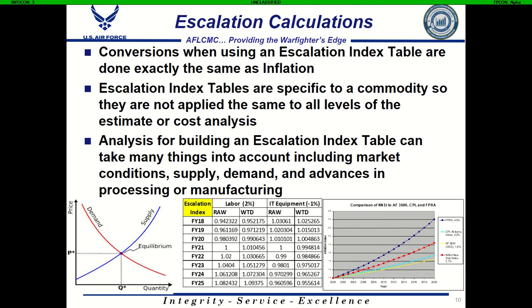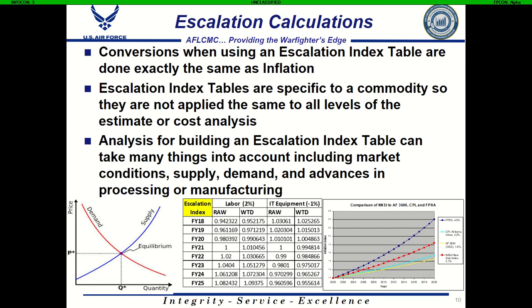So you'll see here at the bottom center, I've got two example escalation index tables. One's for labor and one's for IT equipment. You see the labor has got an escalation rate of 2% annually, whereas the IT equipment has an escalation rate of negative 1%, meaning it actually goes down over time as opposed to up.